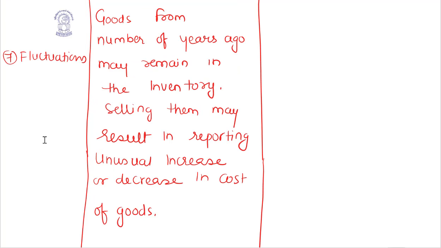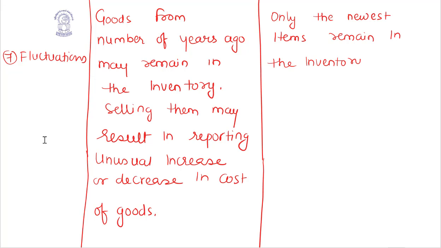Okay, so in FIFO, just write that only the newest items remain in the inventory and the cost is more recent.